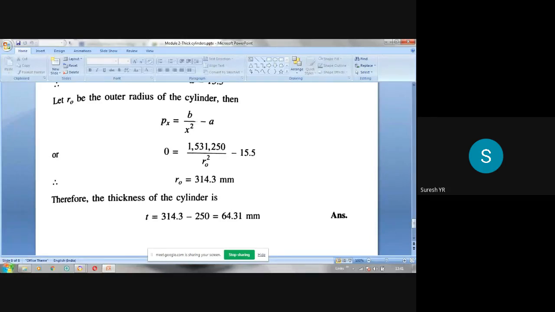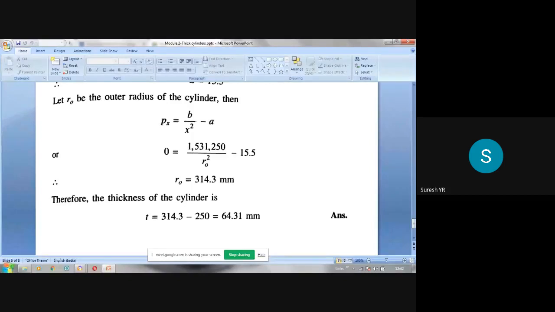Now, in module 2, we have covered principal stresses and strains and their planes, principal planes, maximum shear stress planes and their values, and how to find the tangential and normal stresses on an inclined plane. Those things we have covered along with the derivations. Then numericals, problems also we have done.